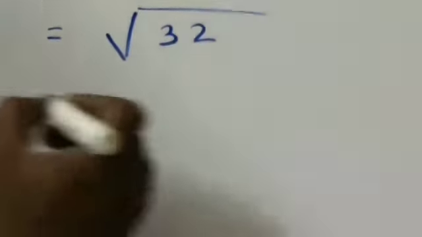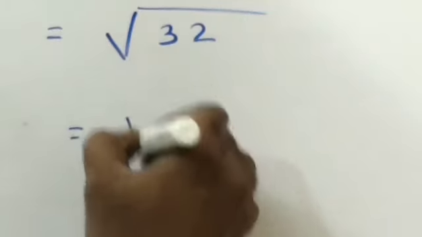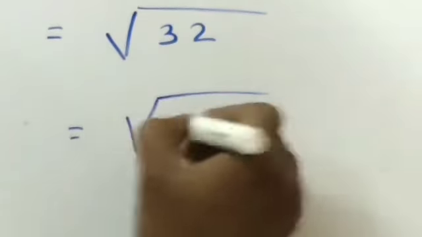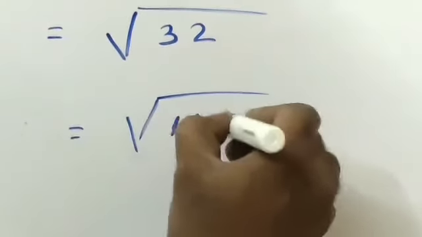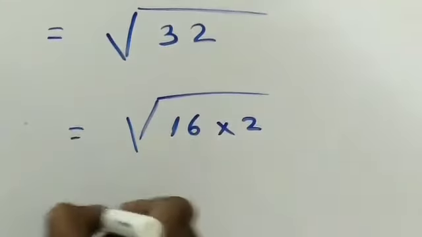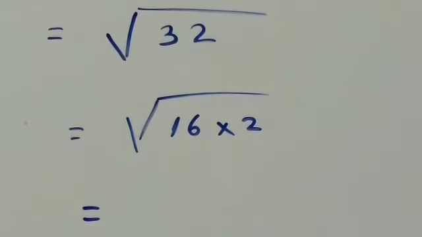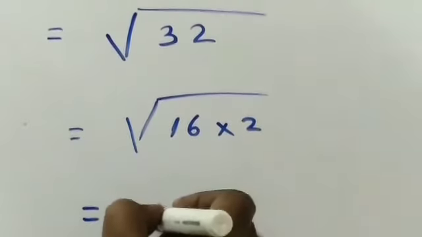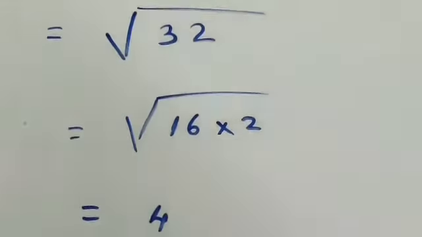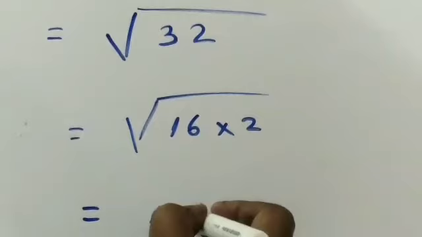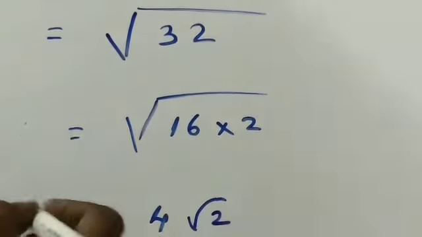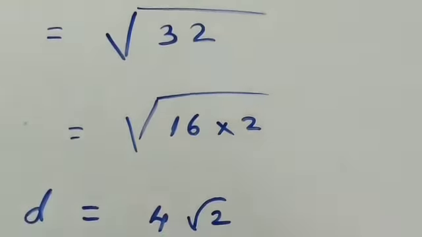We can write root 32 as 16 into 2. There is a perfect square value for 16, that is 4. 4 into 4 is 16. There is no perfect square for 2, so put root 2. So the distance between the points (minus 5, 7) and (minus 1, 3) is 4 root 2.